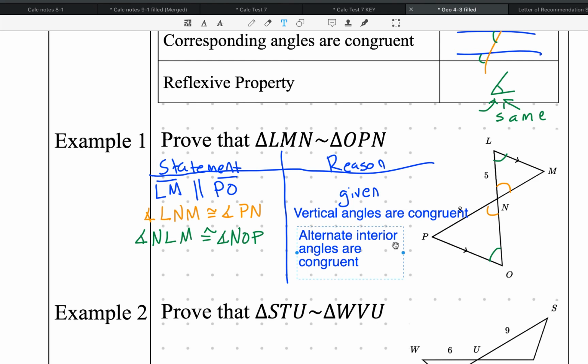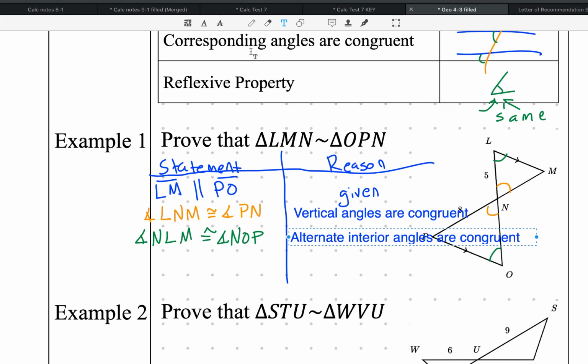That's pretty cool. Good job, software. Yeah, and I mean, you guys can hopefully see this. You can see that if I extended that parallel line, and then I have the transversal, those are the inside, that is alternate interior angles. And we have one final line in our proof.